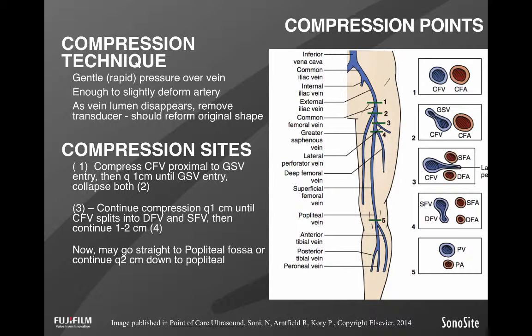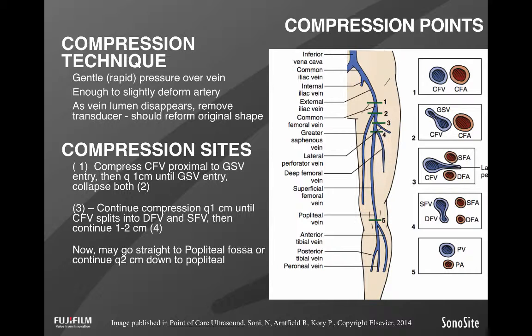As you go down a little bit more distally to site 2, that is where you can start seeing the greater saphenous vein come in medially. As you go down further, there's oftentimes the appearance of a lateral perforator vein, that's 3. And then the 4th compression is where, if you're lucky, you can see this deep femoral vein bud off posteriorly to the common femoral vein, right?